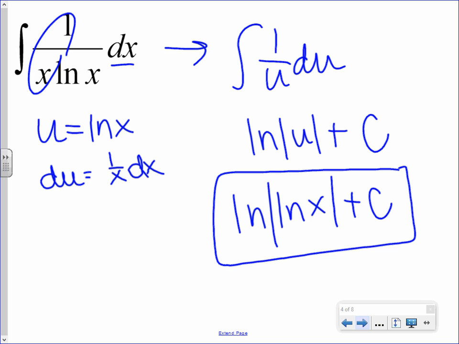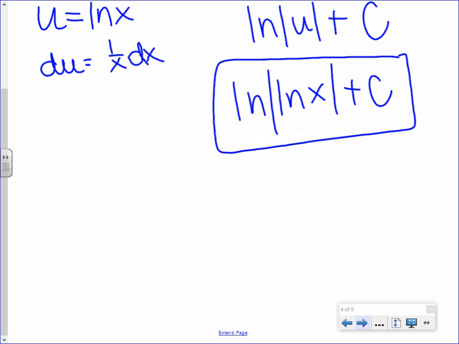Awkward? Maybe you're a little nervous about this answer. What could you do? We could take the derivative. If we take the derivative of the natural log of the natural log of x, let's see. Remember how we do that?